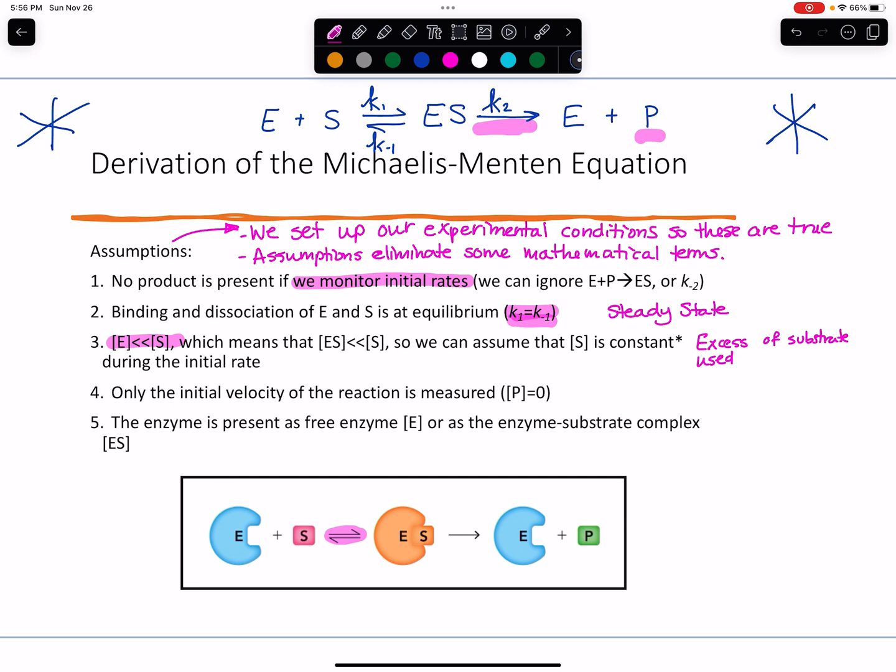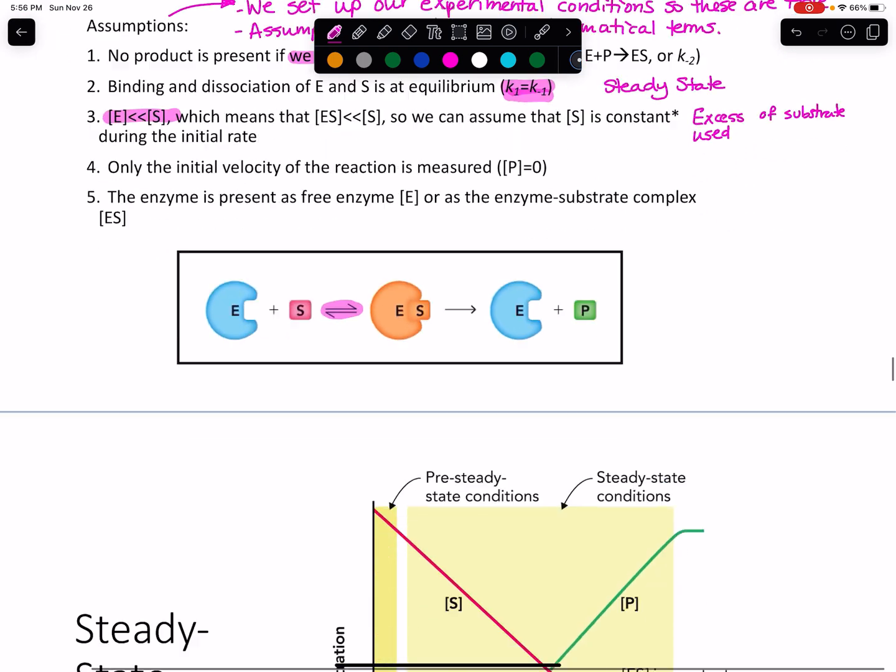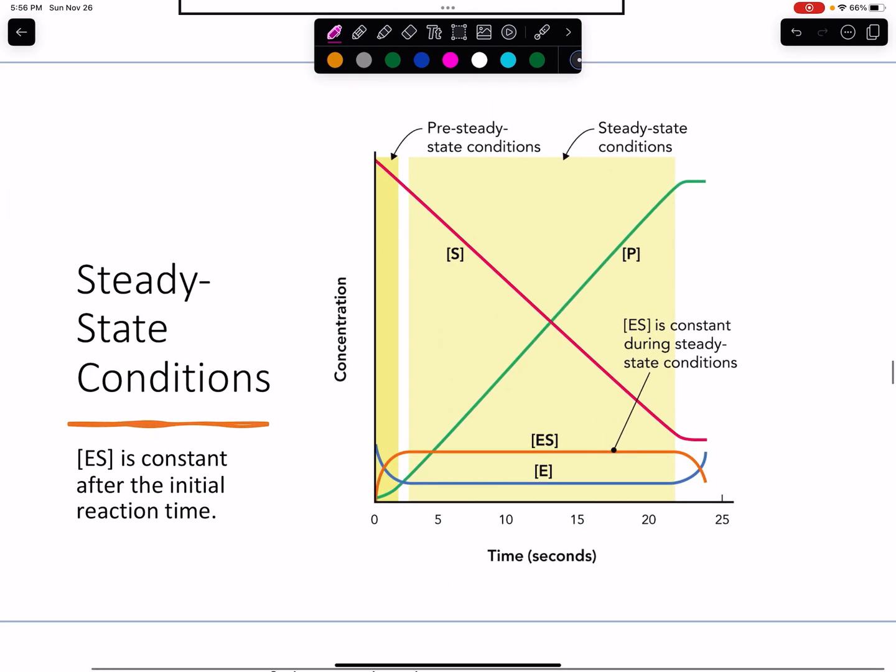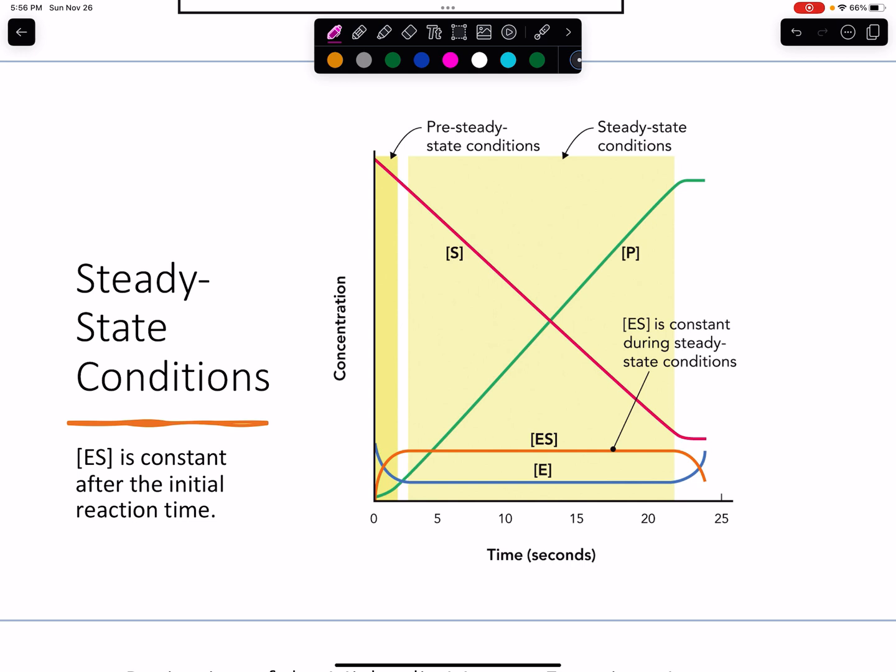So assumptions number 2 and 3, where we use an excess of substrate, let us do what's called the steady state approximation. Let's leave this slide for a minute and go to the next slide, just so that you can see physically what I mean by these assumptions.